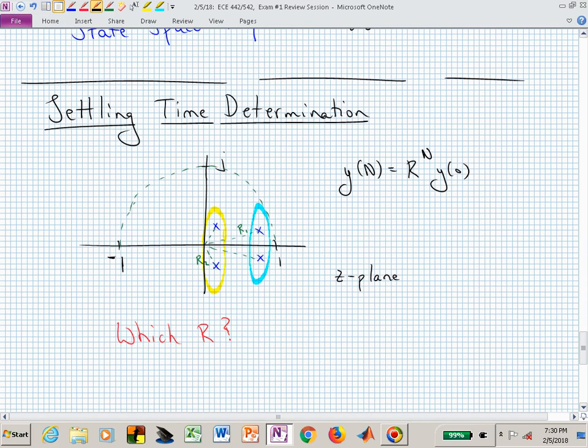We want r to be really small, don't we? To be fast. We want the radius from the origin to be small, to be fast in the z-plane. What happens, so if you forget, go to 1 and say, what happens if I iterate with a pole at 1?